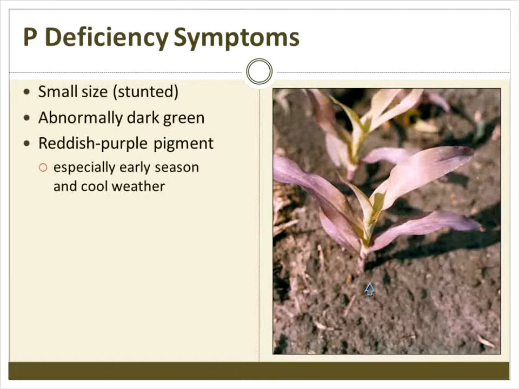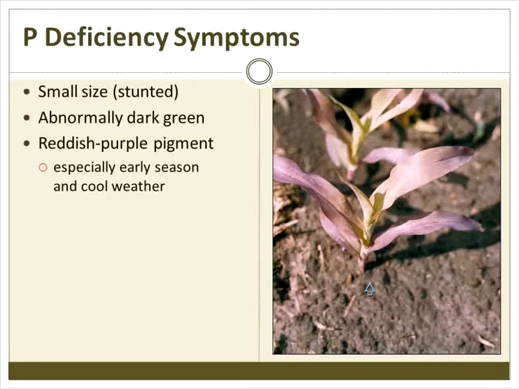The good thing is that these deficiencies occur early in the season in cool weather and sometimes the plant can grow out of them as temperatures warm up, mineralization starts to occur, and phosphorus starts to be released from the soil.